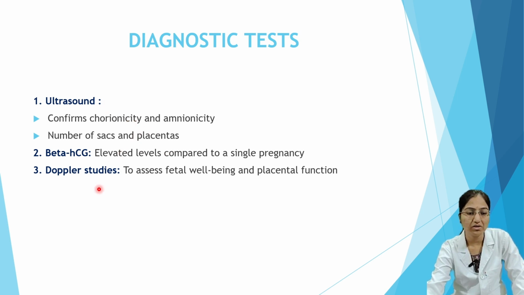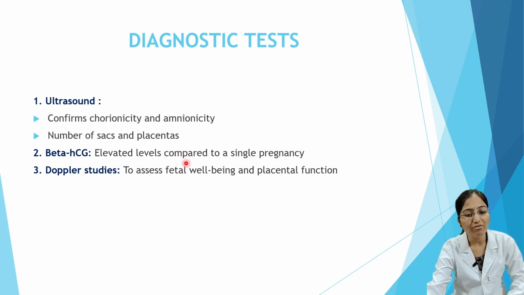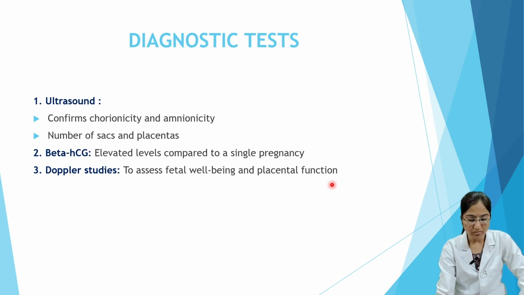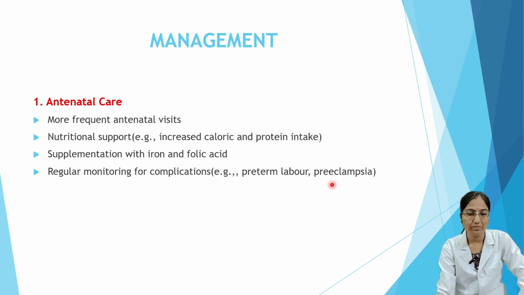And then second one is beta HCG. Elevated levels compared to a single pregnancy. And then third one is Doppler studies to assess fetal well-being and placental function. These are the diagnostic evaluations for multiple pregnancy.